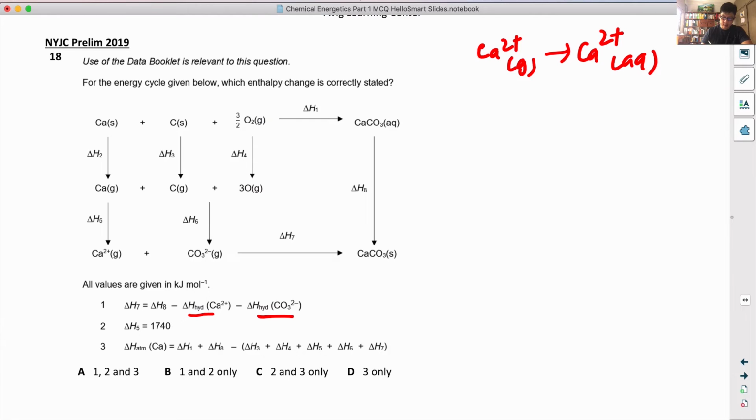If you look at the question over here, there's no calcium 2 plus gaseous becoming aqueous, so I will just eliminate this. So what is H5? H5 is first plus second IE of calcium. What's the first and second IE of calcium? In fact, we just did it.